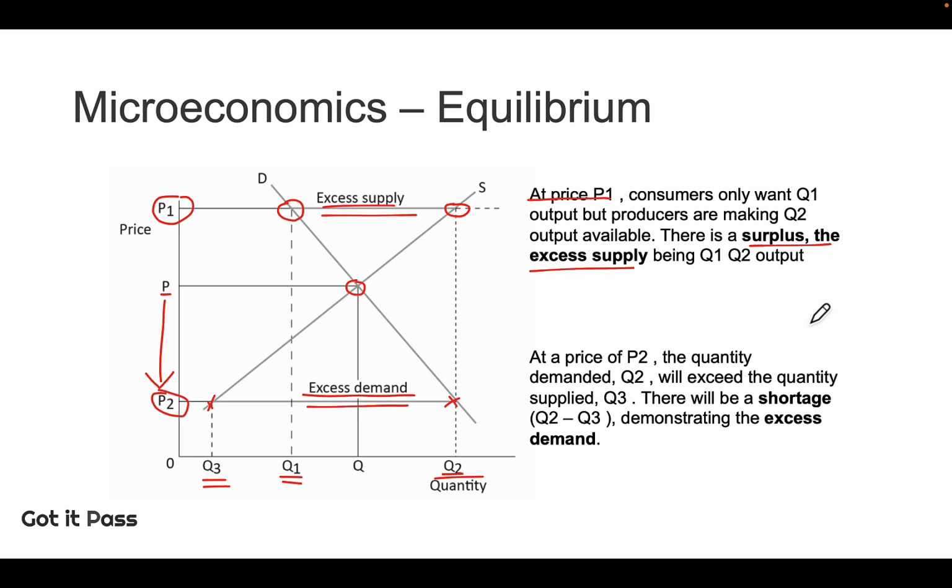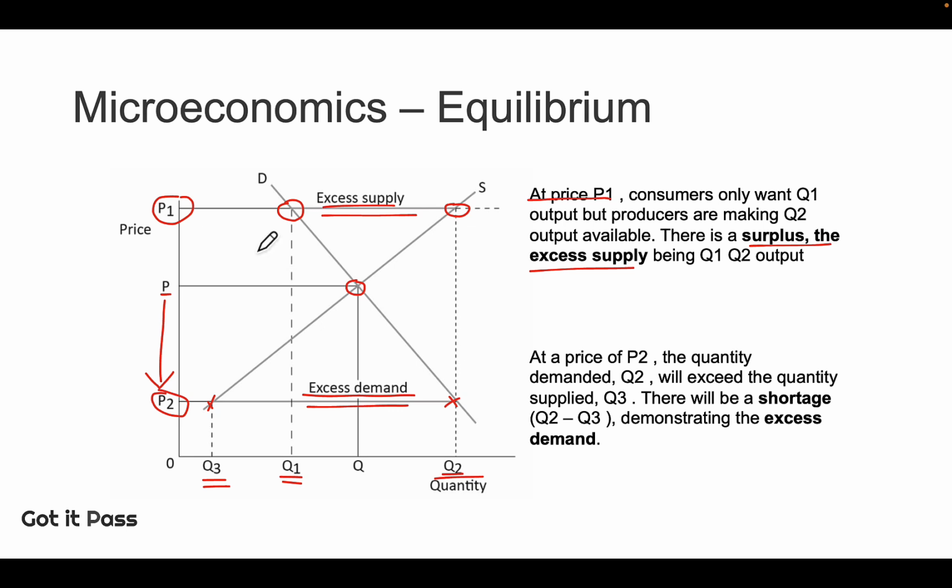Apart from what I mentioned about surplus and shortages, there's a possibility that the equilibrium situation will change. For example, initially the situation is at P, but one day there's a change in consumer demand.